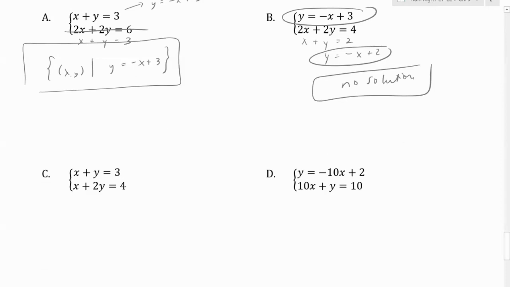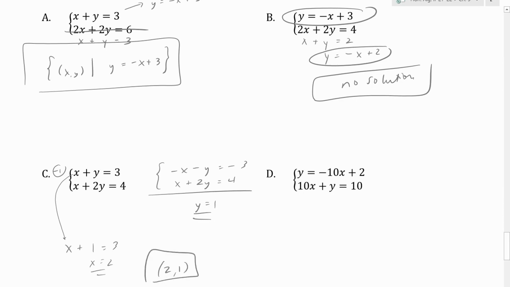Okay. This one, well, let's just say we multiply the top one times negative 1. This one's going to have a solution. Now I plug that back in. I plugged it into the top one. Solution of that is 2, 1.